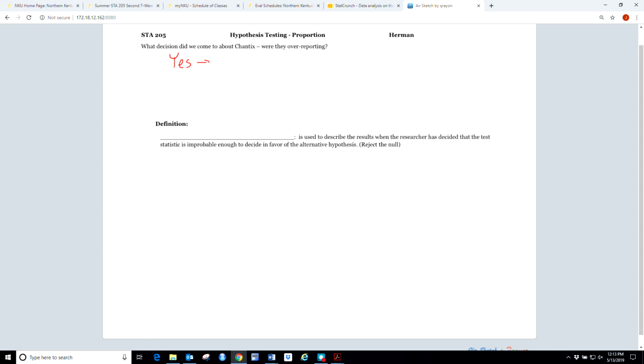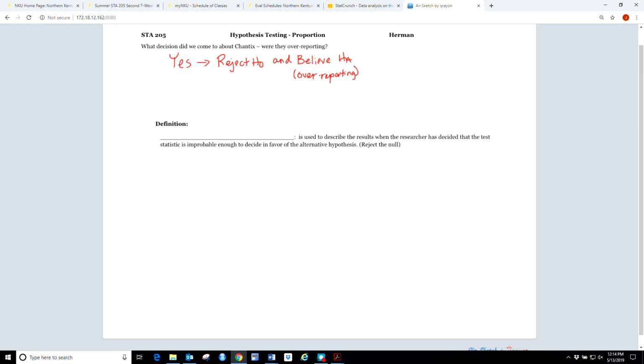What that actually means for us in this formal hypothesis test, it means that we're actually going to reject that null hypothesis, so we no longer believe Chantix, and instead we're going to actually believe our alternative hypothesis, which was that they were over-reporting their success rate.